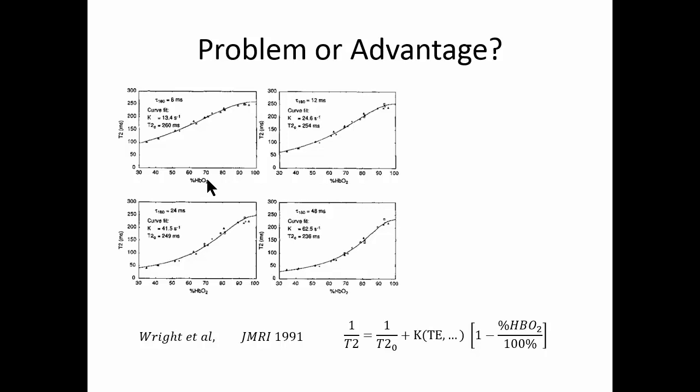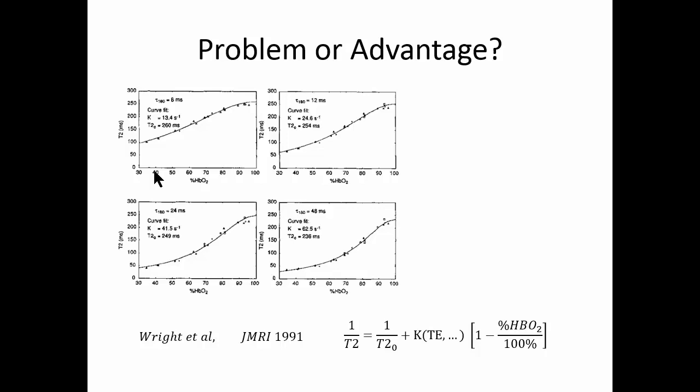Deoxyhemoglobin is paramagnetic, and therefore the water inside the red blood cell, if it is in deoxygenated blood, actually sees a different field than in plasma.